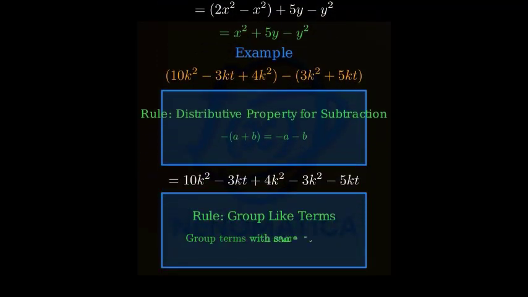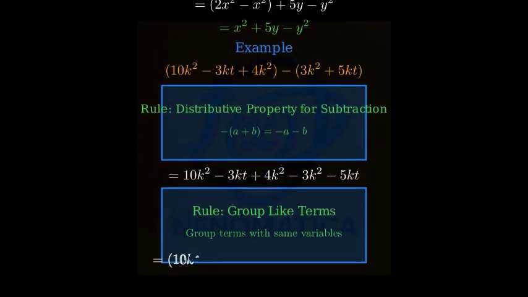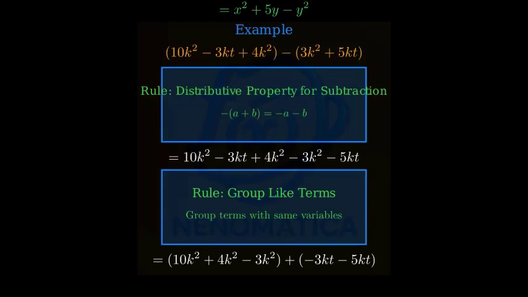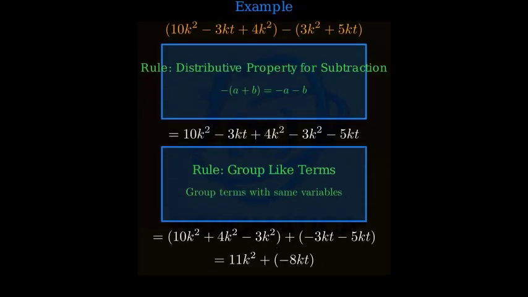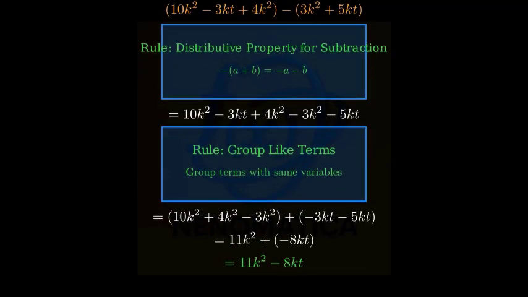Next, we'll rearrange and group like terms. We have 10k squared plus 4k squared minus 3k squared, and we have negative 3kt minus 5kt. Combining like terms, we get 11k squared plus negative 8kt. Our final answer is 11k squared minus 8kt.